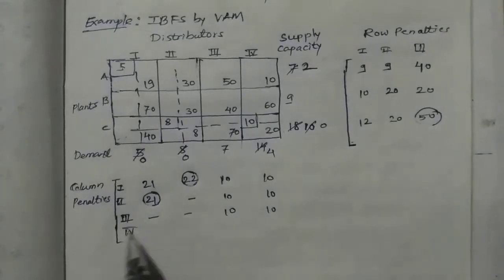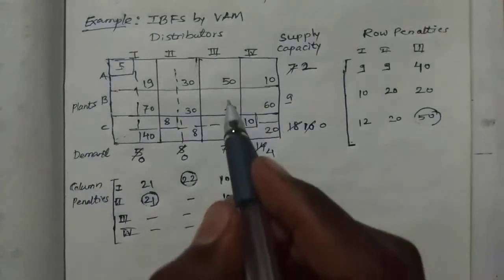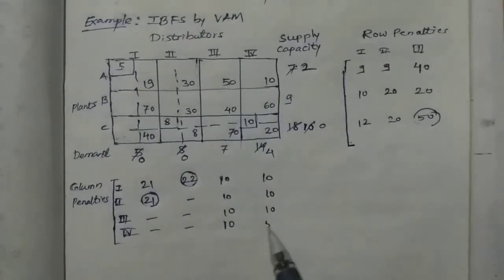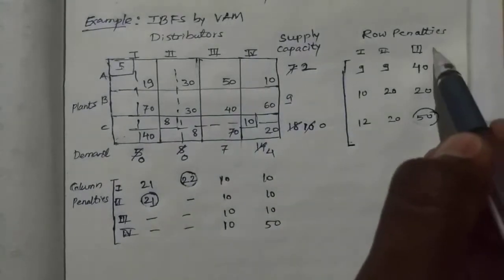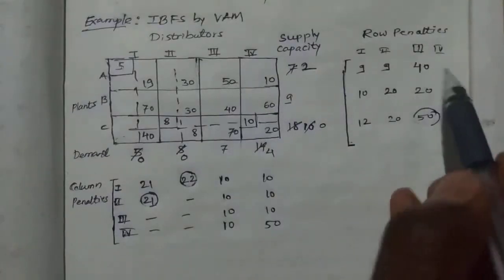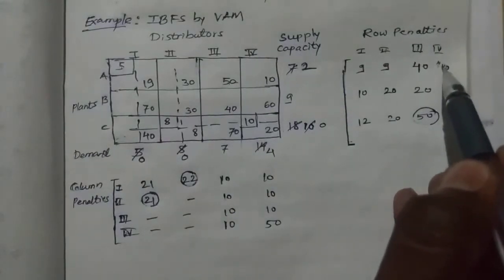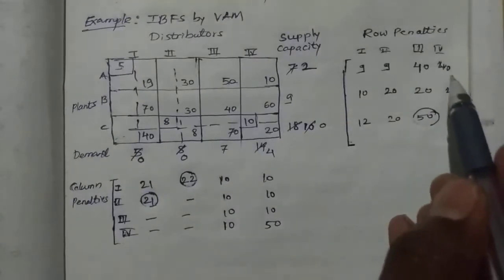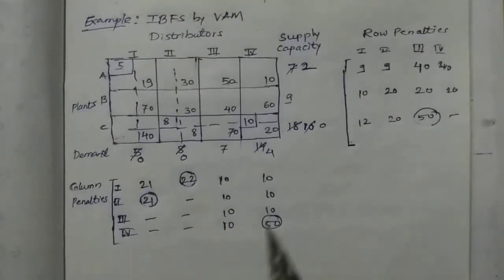Again find out the penalties. So penalty here will be 10, here it will be 50 and here it will be 40, here it will be 20. So maximum penalty is 50 now.